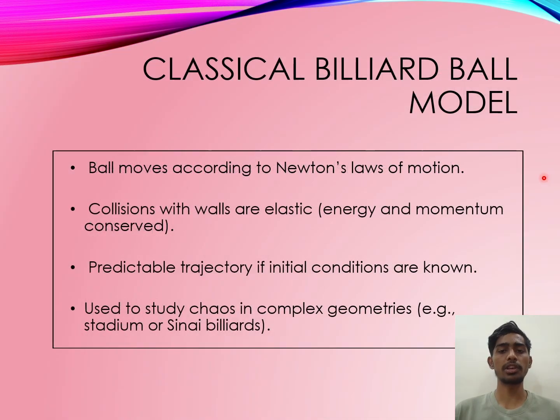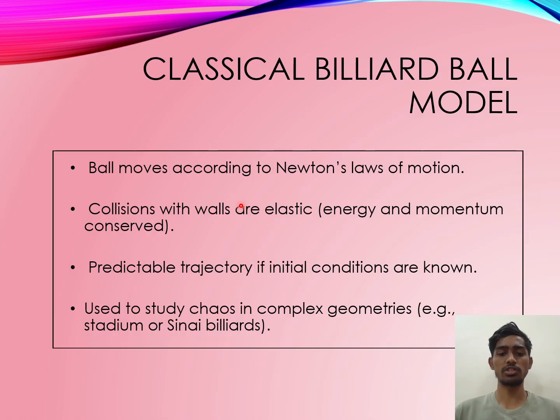Now, our first topic is the classical billiard ball model. In this, a ball starts at a particular initial point and is moved around all places by Newton's laws of motion, in which it can collide with walls. In the billiard model, the energy is conserved.